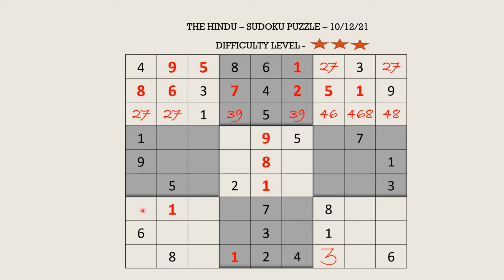So this cell takes 3. Moving up, this 3 blocks here and this 3 blocks here. So we have possible 3s here. So let's mark it with small 3.